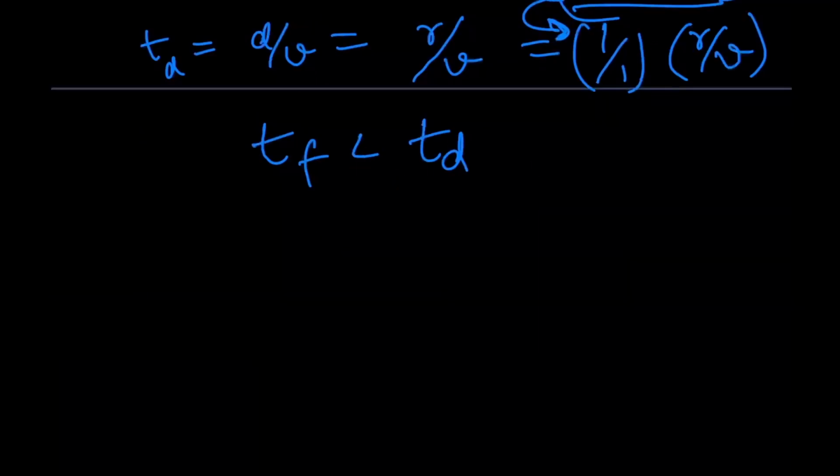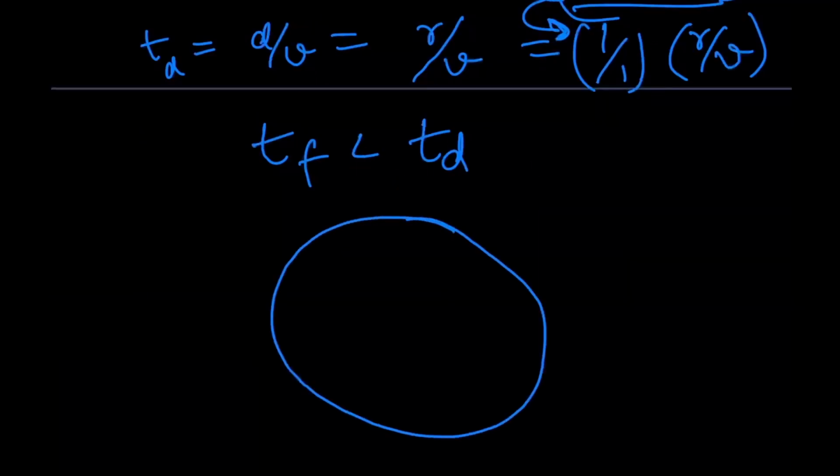So another case that you might think of is, what if the duck tries to spiral its way out so that it's trying to maintain a 180-degree phase difference with the fox at all times, right?